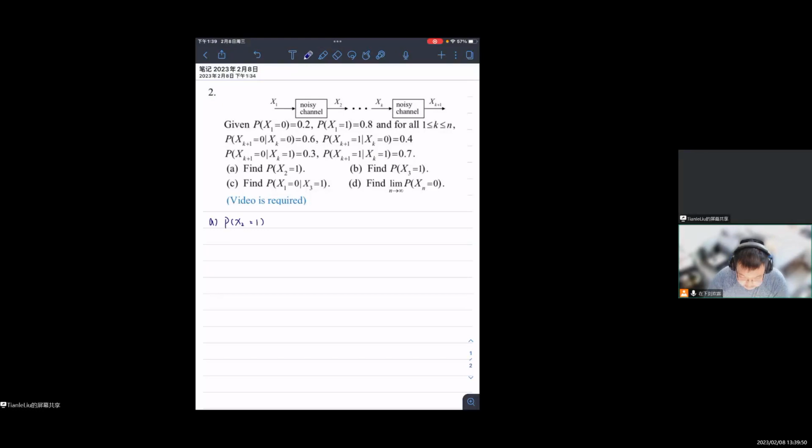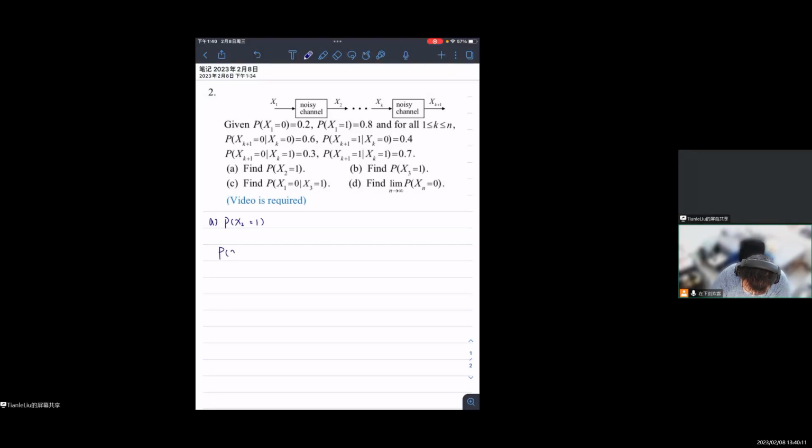For this problem, we need to realize that the probability of x2 equals 1 is combined from x1 equals 0 and x1 equals 1. What does it mean? Maybe I can list the formula for you.